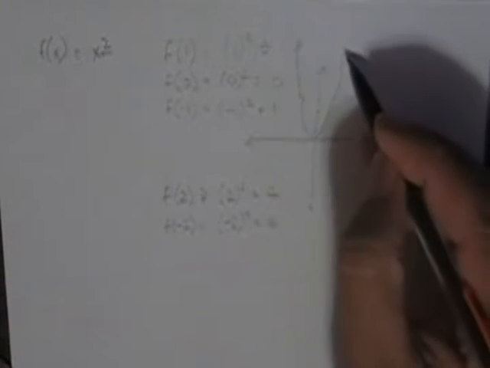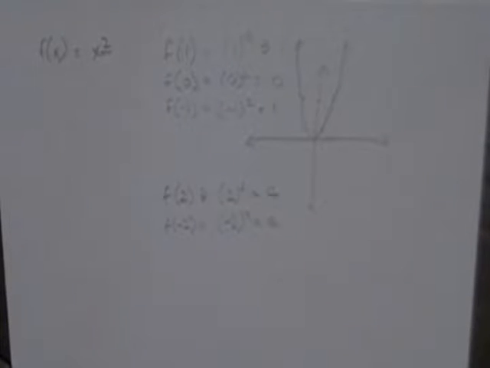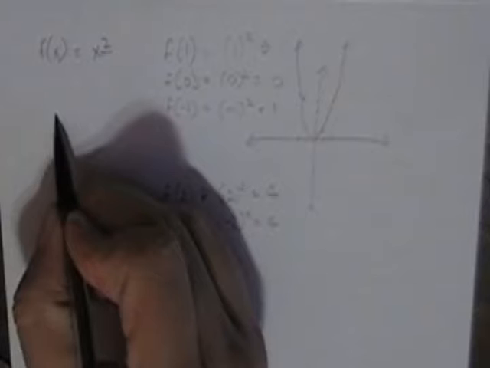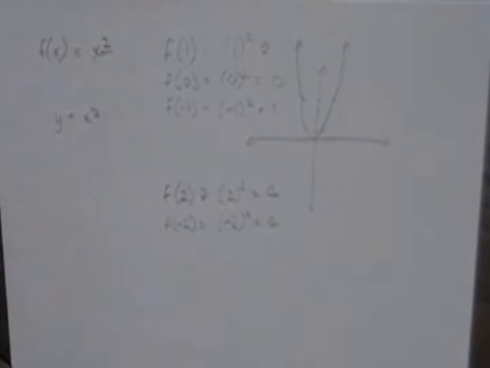So that's going to give us this. This is going to be the graph of x squared. f of x equals x squared, or as your paper says, y equals x squared. It means basically the same thing.